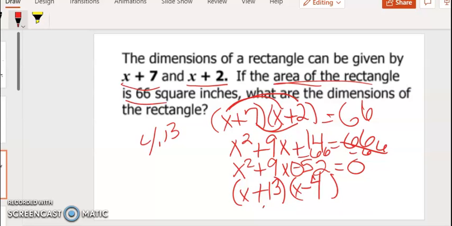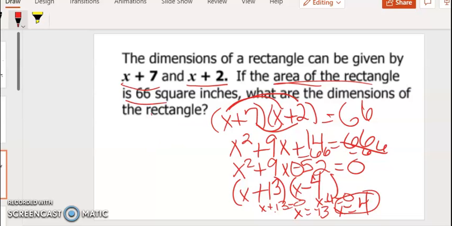So if we set each of these equal to 0 and solve, this x is going to be negative 13, and this x is going to be a positive 4. So we want to use our positive 4 value. Okay? So let's go up here to our dimensions, and if x is positive 4, then one of our dimensions is 11.